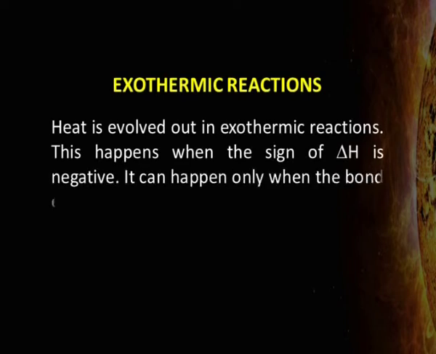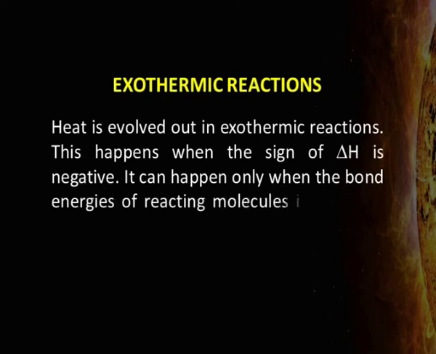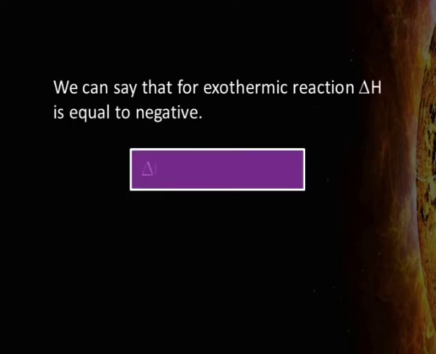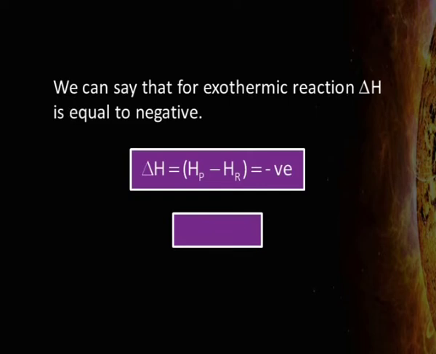It can happen only when the bond energies of reactant molecules are less than the bond energies of product molecules. We can say that for exothermic reactions, delta H is negative, that is, enthalpy of products minus enthalpy of reactants is negative, or it can be said that enthalpy of products is less than the enthalpy of reactants.